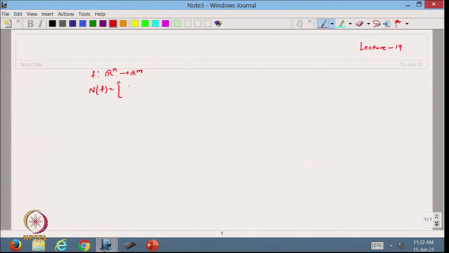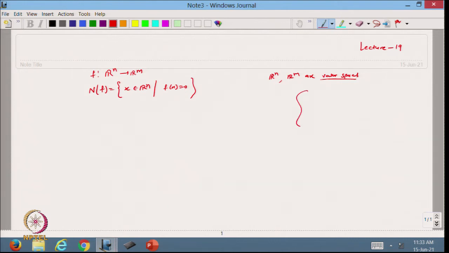This is the set of all the elements x from the domain, that is Rn, such that f(x) becomes 0, because I know that Rn and Rm are vector spaces, so Rm is going to have a 0 element also. So we are going to introduce taking all the elements from this domain which map to 0.